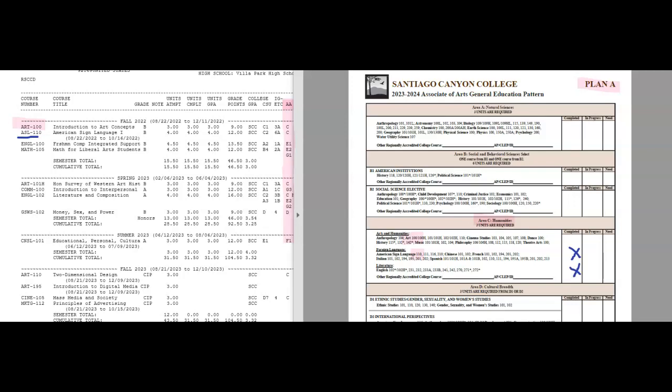Once you have completed this identification of what classes you've completed, what classes are in progress, and what classes you still need, I want you to go over and mark every single one of the classes that you completed and every single one that you still need. Okay, so that's the second step, or second part, of the assignment.